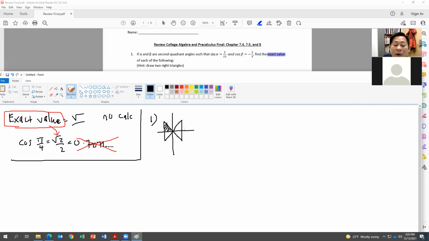You will need to draw two triangles, one for alpha and one for beta. You do need to use SOHCAHTOA here. The question gives us that sine alpha is 5/13, so your opposite is 5 and your hypotenuse is 13.